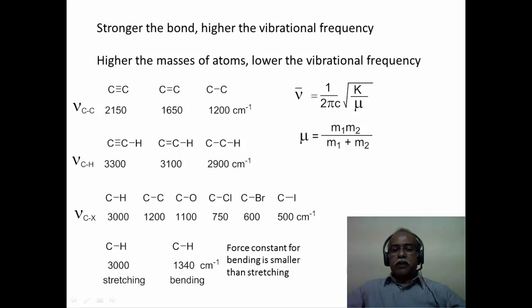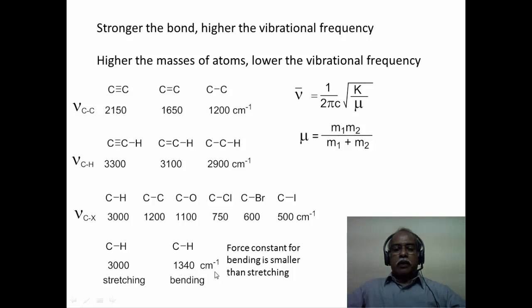Now, the force constant for bending is generally much smaller than for stretching kind of vibrational variation. So, if the force constant for bending is smaller than the stretching, then the bending vibration should come at a lower frequency compared to the stretching vibrations. In fact, the CH stretching vibration comes around 3000 inverse centimeter, whereas the CH bending vibration comes around 1340 inverse centimeter.